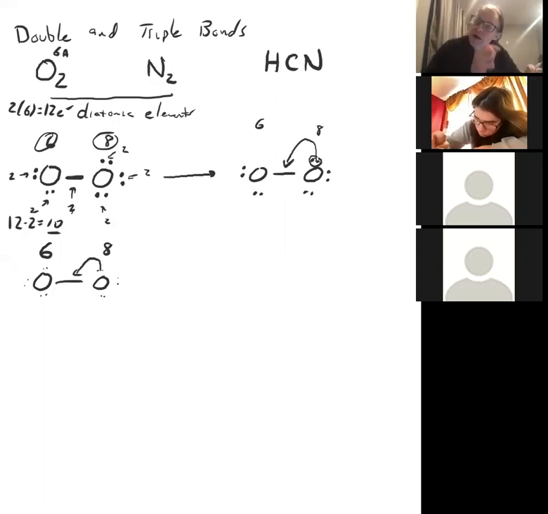Why? When a pair is in between, both atoms get to count the electrons. So when those electrons move between the 2 nuclei, the second atom, the one on the right, is not losing them, but it's sharing them. It hasn't lost them. Remember, loss is where they're gone. They're no longer around the atom. That's oxidation. But what those electrons are doing is they're being shared by the 2 nuclei. So both atoms get to count them.